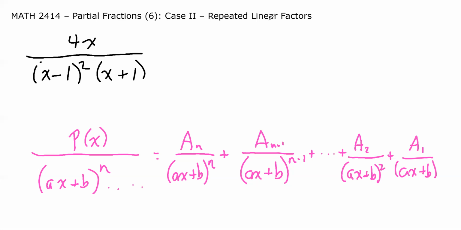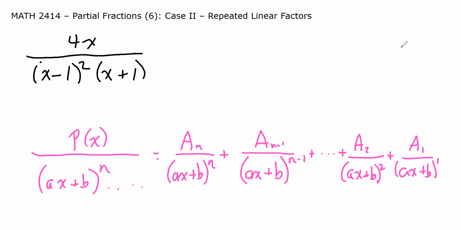Of course, being to the first power, we wouldn't need to write that, but I wanted to leave that on there to emphasize the structure of these partial fractions for the linear factor that has a power on it. And really, this is a generalization for all linear factors, even if the power on them is 1. Because if the power on it was 1, then we would start at 1 and we would end at 1.